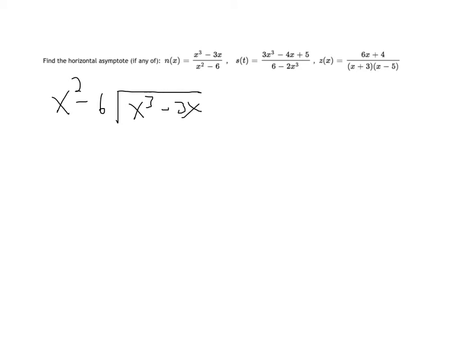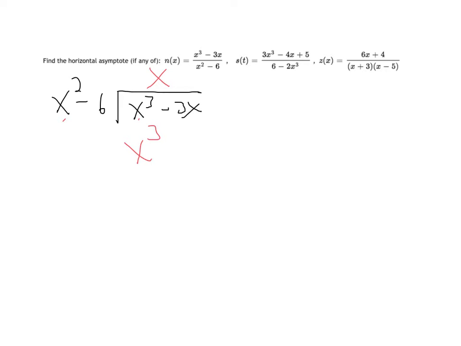I'm going to take a look at some of that work we've done before this video. I could use synthetic division, I could use long division on this. I'm going to choose to use long division because it's not a linear factor down here. So I ask myself, what times x squared is x cubed? That's x. So then I multiply x times x squared is x cubed.